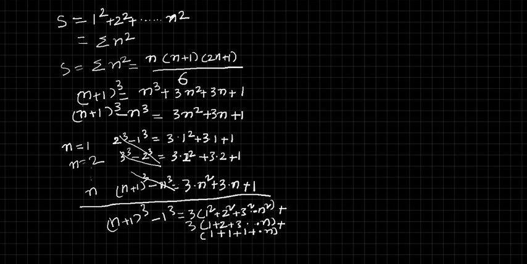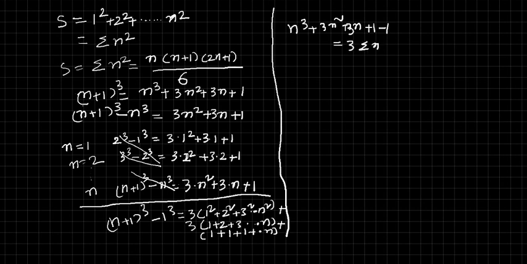So let's draw a line to separate out. So n cube, we need to simplify that equation. n cube plus 3n square plus 3n plus 1 minus 1 is equal to 3 into sigma n square plus 3 into sigma n plus, if you add 1 n times, then it becomes n.